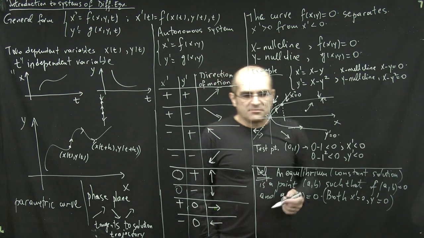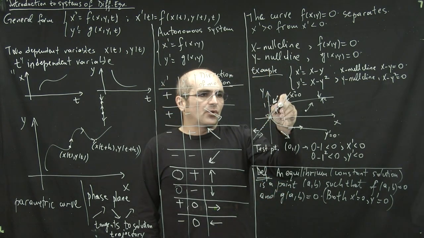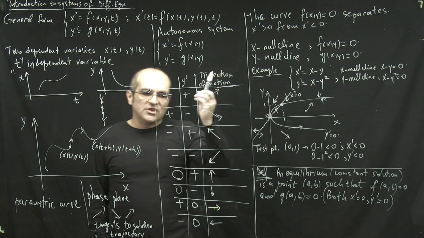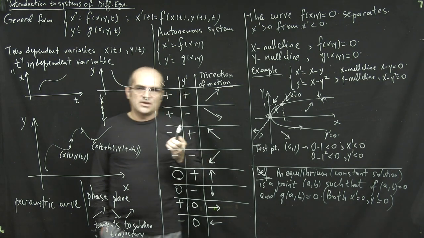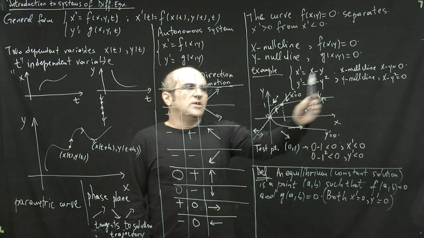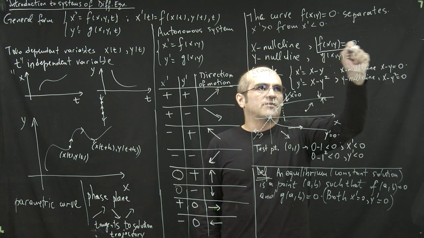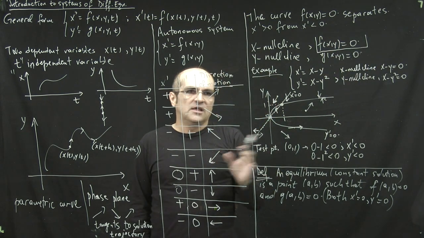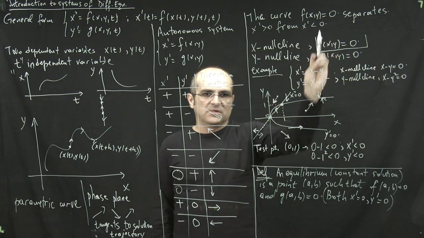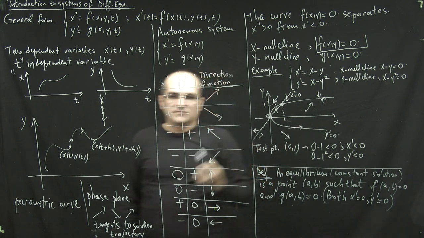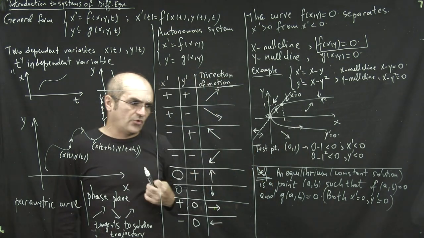Notice that by default, any equilibrium point will happen at the intersection of two nullclines. That's very important to remember, because each nullcline represents a derivative equal to 0 by itself. Taken together as a system, they will provide you, if any exist, the equilibrium points.